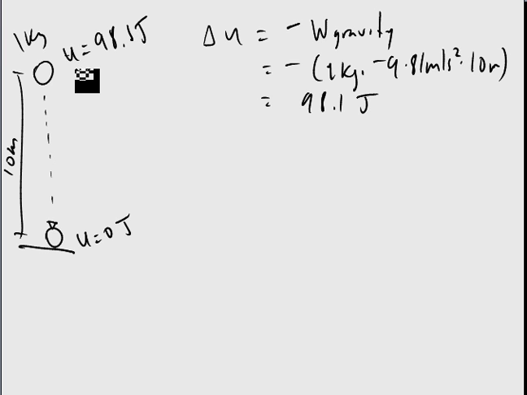And now that we know how much energy it has up here at the top, it's got 98.1 joules of potential energy and 0 joules of kinetic energy. At any point along the way now, if I tell you one, you can tell me the other really quickly, right?